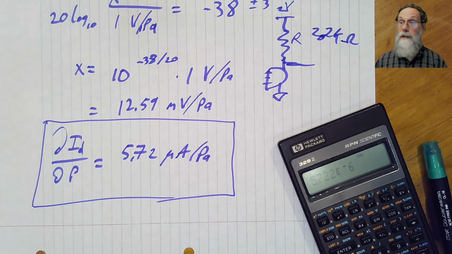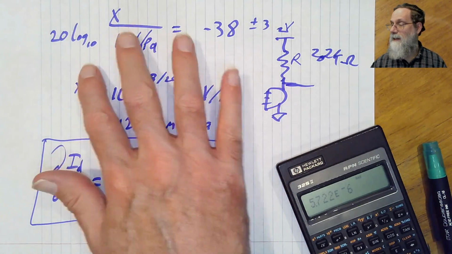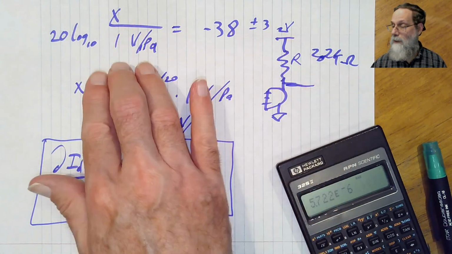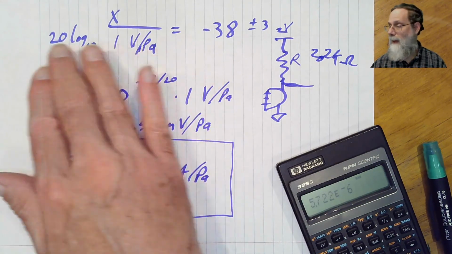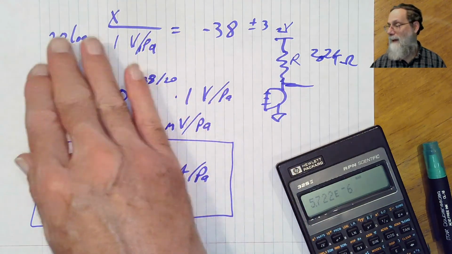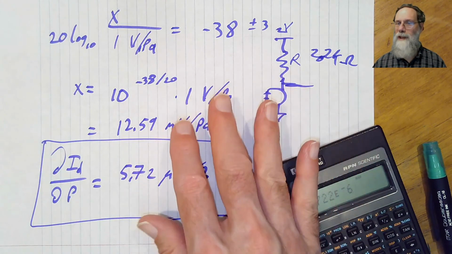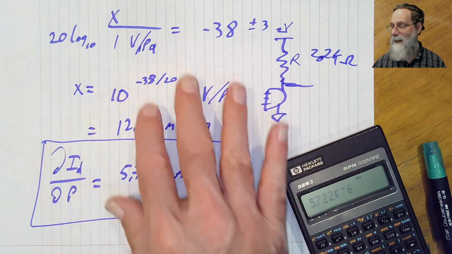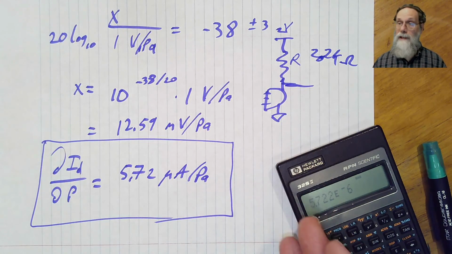Your microphone will have a different saturation region, different sensitivity, but the basic idea of it is the same. They will give you a sensitivity in decibels relative to some specific volts per Pascal sensitivity. And you've just got a unitless ratio here, and turning it around, dividing both sides by 20, exponentiating 10 to the power, will give you the sensitivity in volts per Pascal.